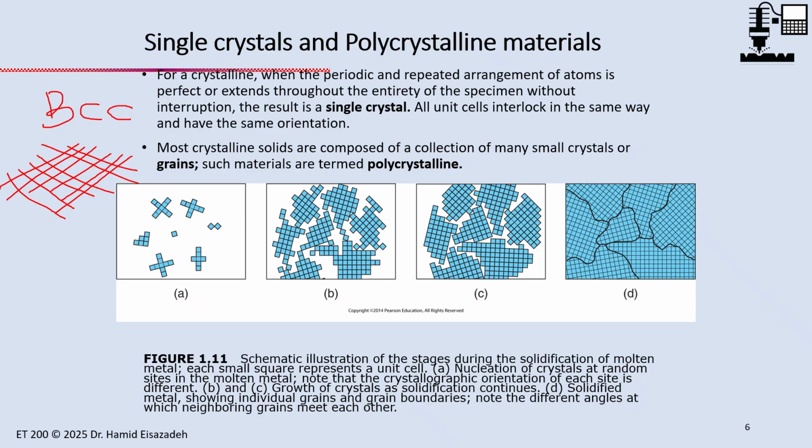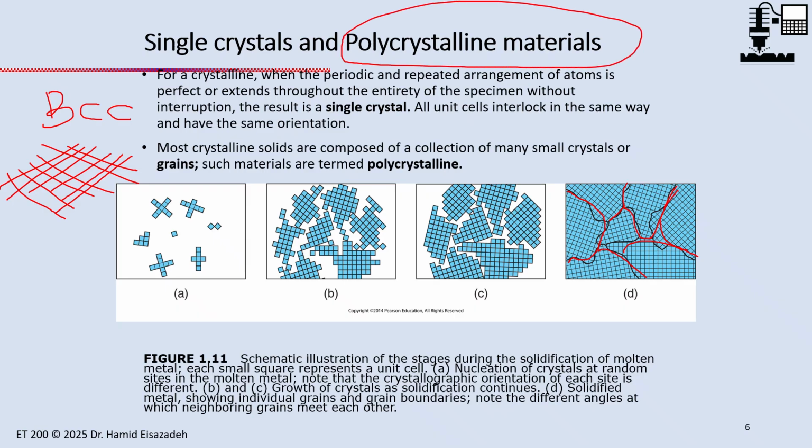If you don't have this behavior, if the grains or unit cells have a random orientation like this one, which can happen during solidification, you have many grains that form during the cooling process. Then we have polycrystalline.